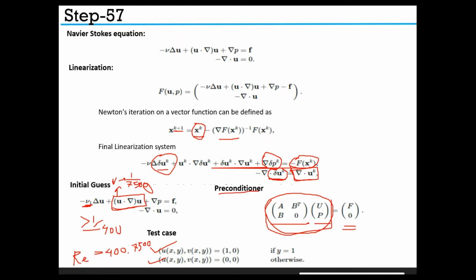If the Reynolds number is 400, then viscosity will be 1 by 400, and we can still find a solution for Reynolds number 10,000, and the references contain the results of comparison, so we can limit the discussion here just to 400 and 7500. This is because the solution is no longer stationary, starting around 8000, but instead becomes periodic.